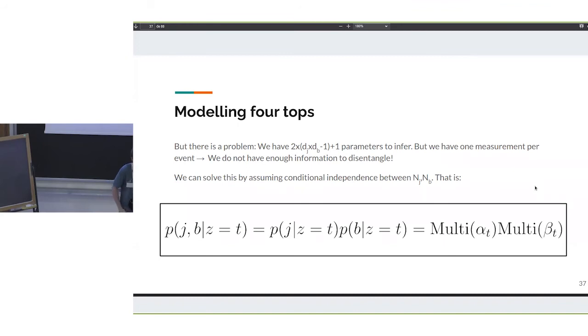So this is the meat of the model, let's say, where we introduce the working assumption, which is this conditional independence. So we can parameterize the probability of measuring a given number of jets, nj or j, as we call it here, as a multinomial with a set of parameters alpha, and we can do the same for measuring a certain number of b jets b with a multinomial beta.